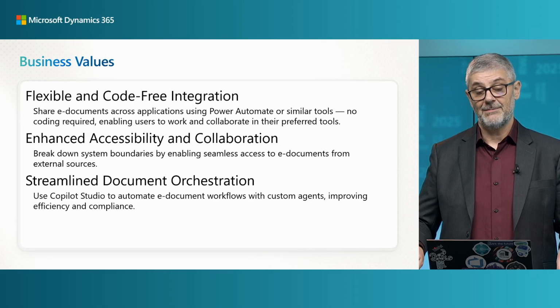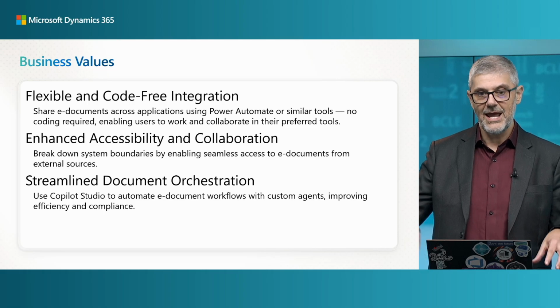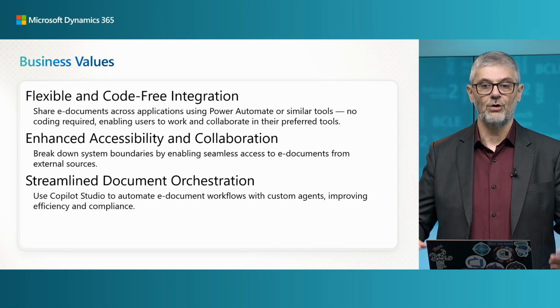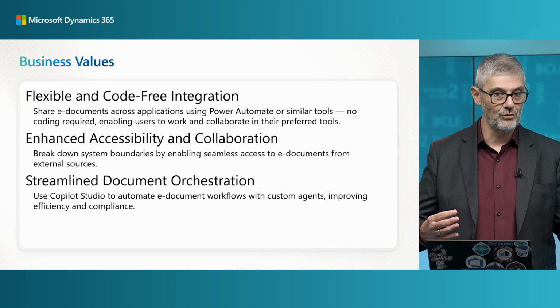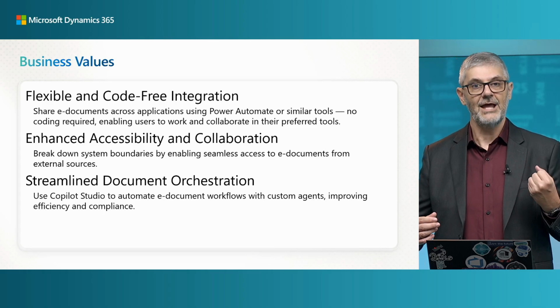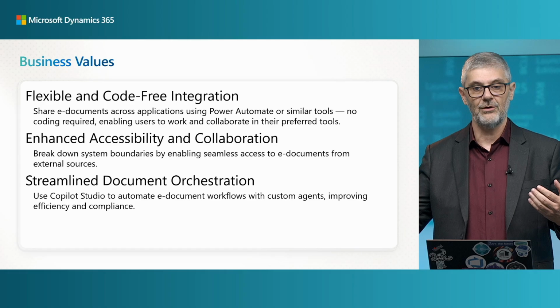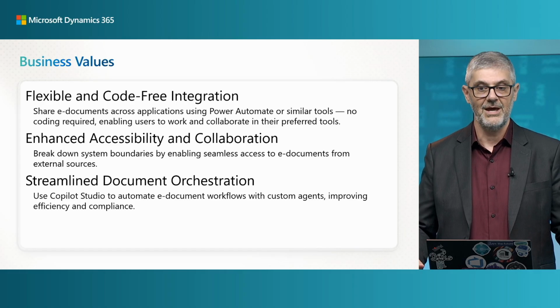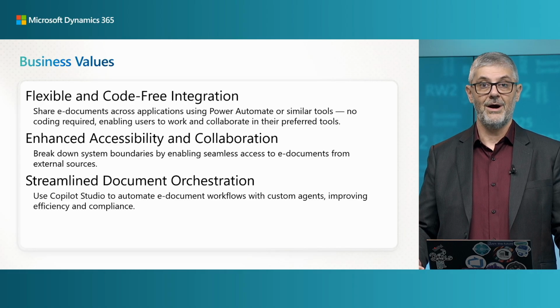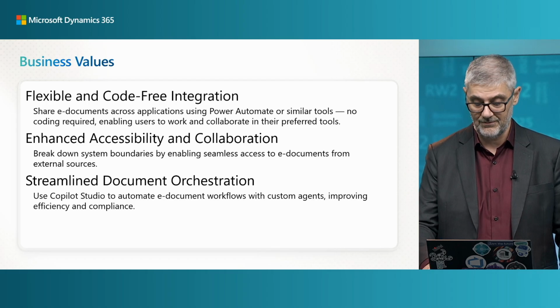And last but not least, it enables the usage and creation of new custom agents using Copilot Studio, because now this is available with APIs. You can easily use it with Copilot Studio and orchestrate with your custom agents. So this is probably one of the most important reasons.